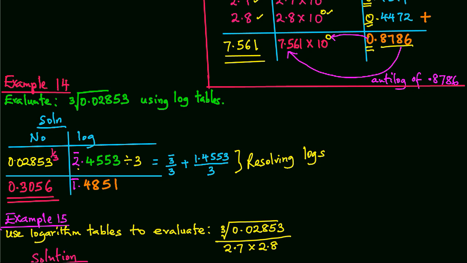So therefore, bar 3 divided by 3 is bar 1. Then point. The mantissa in this case will be the result we get from dividing 1.4553 by 3, which is 0.4851. And therefore, our final step is to get the antilog. And antilog of bar 1.4851 is 0.3056.